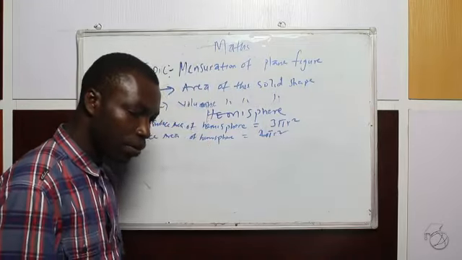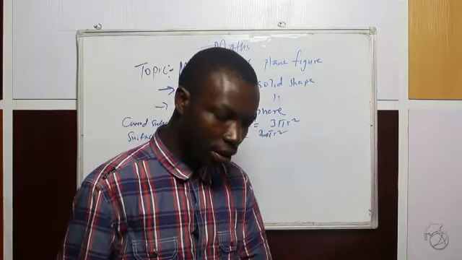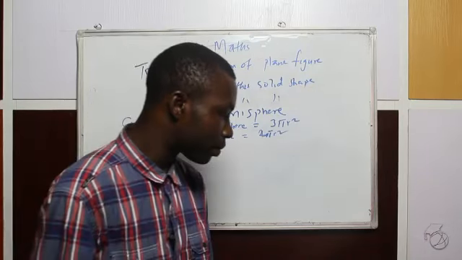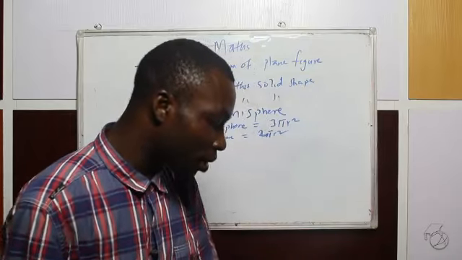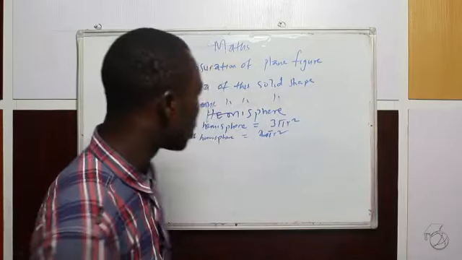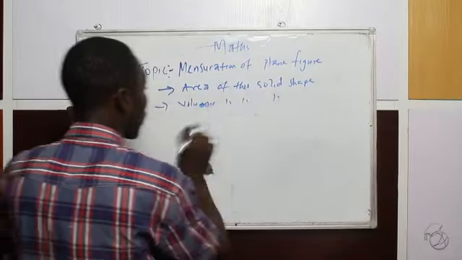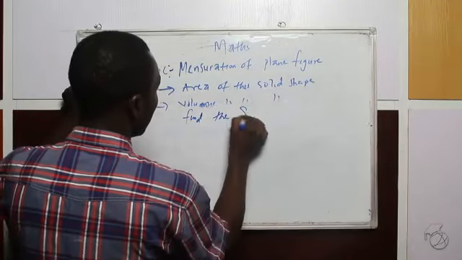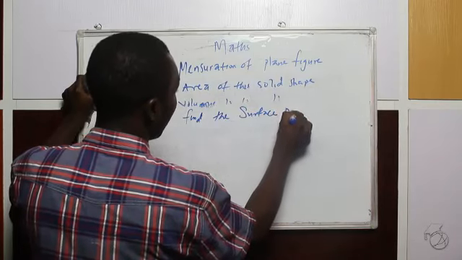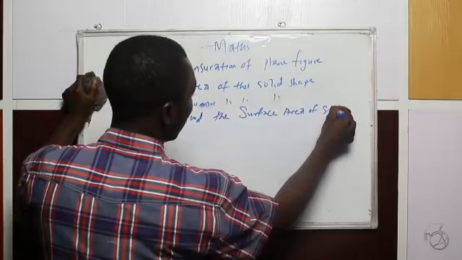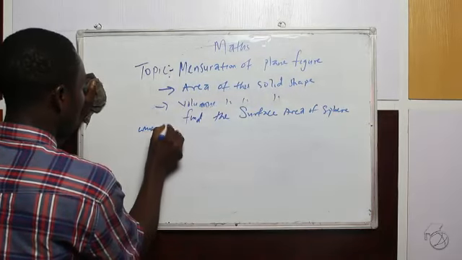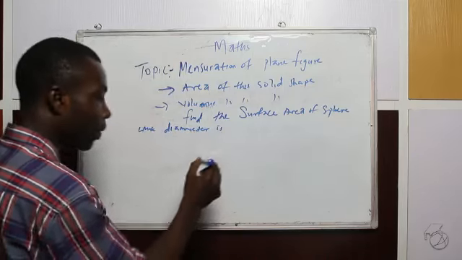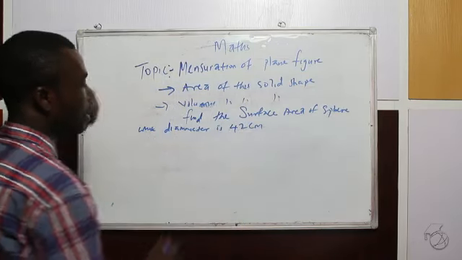Now let us consider this example. Find the surface area of a sphere whose diameter is 42 centimeter.